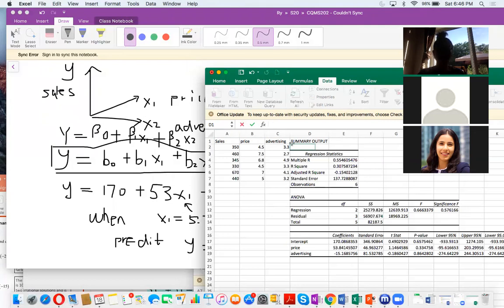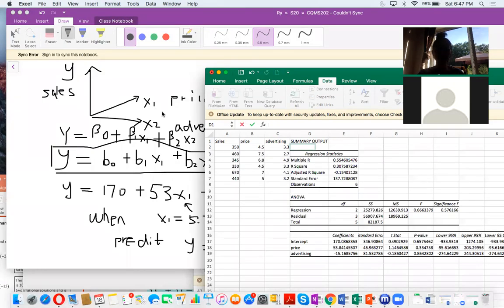R squared says how much change in Y can be explained by the combined X. In this example, 0.30, the same as 30%, means 30% of changes in sales can be explained by price and advertising.